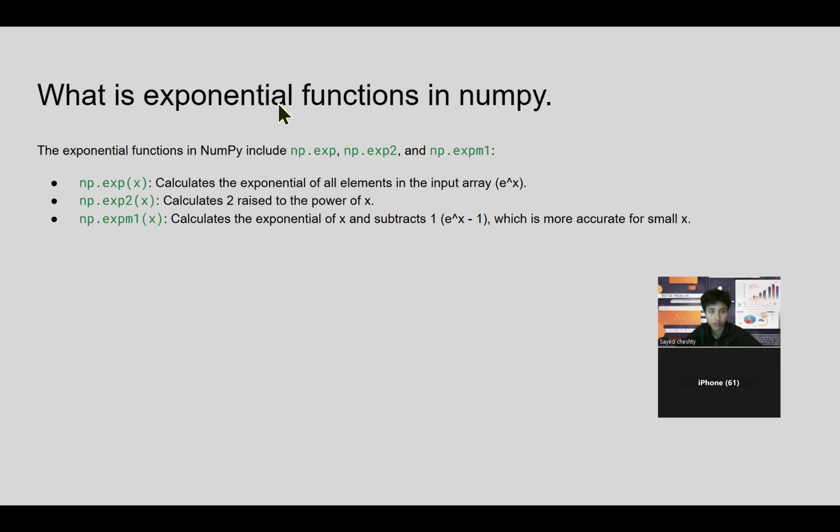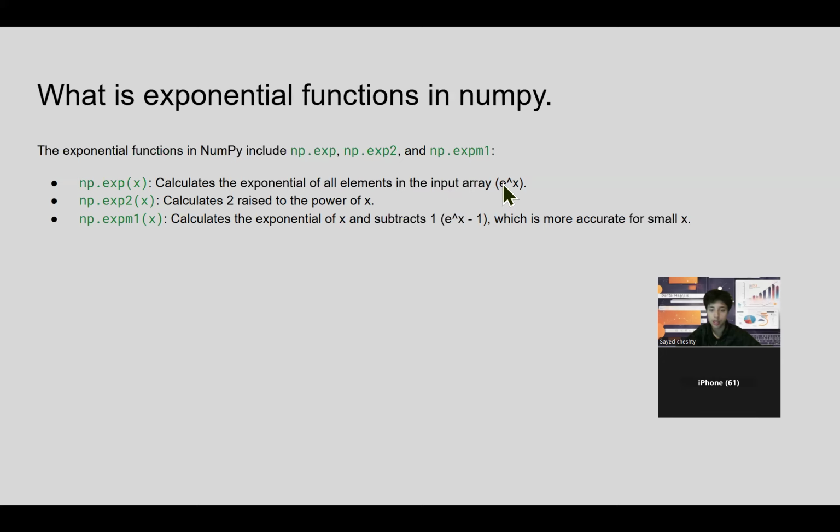So now we're gonna calculate it. First, we're gonna show you guys what is the exponential function, and then we're gonna code it. So the functions NumPy includes are np.exp, np.exp2 and np.expm1. np.exp calculates the exponential of all elements in the input array, e to the power of x. np.exp2 calculates 2 raised to the power of x.